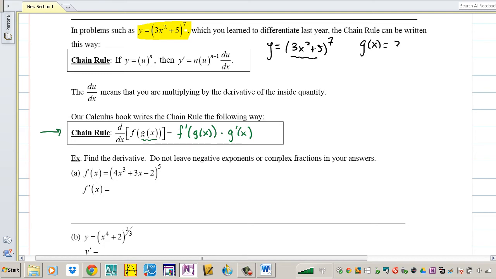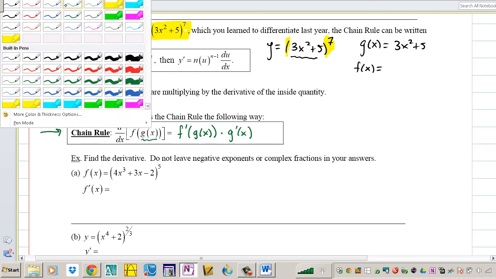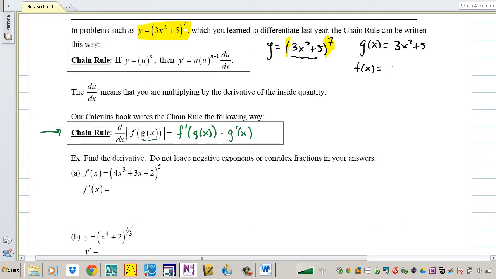So I'm going to say 3x squared plus 5. What is my outside function? What is the big picture? Well, the big picture is that it's being raised to the 7th power. So it would look like this: x to the 7th. That is pretty much what's going on. Something is being raised to the 7th power, and that is 3x squared plus 5.